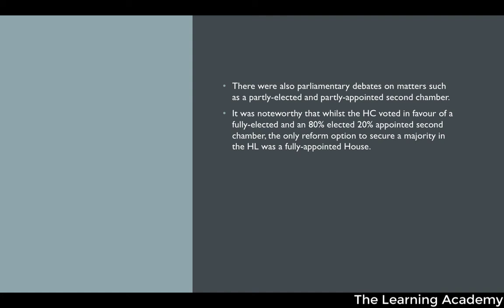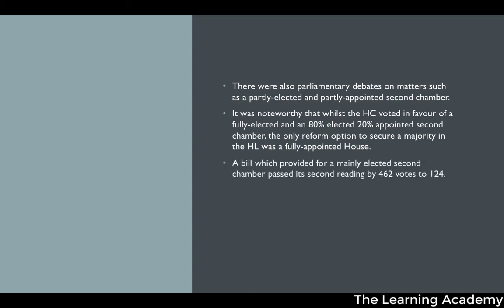So this is really interesting. The House of Commons did vote in favour of either fully electing the House of Lords or having a certain percentage of it elected and a percentage appointed. However, neither of these came through the House of Lords.